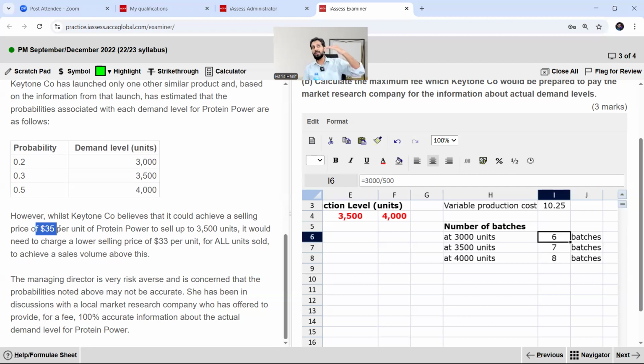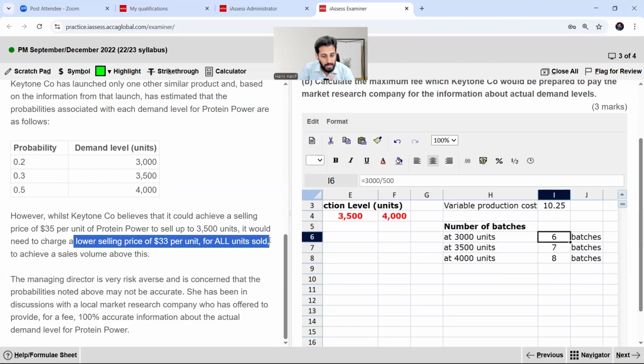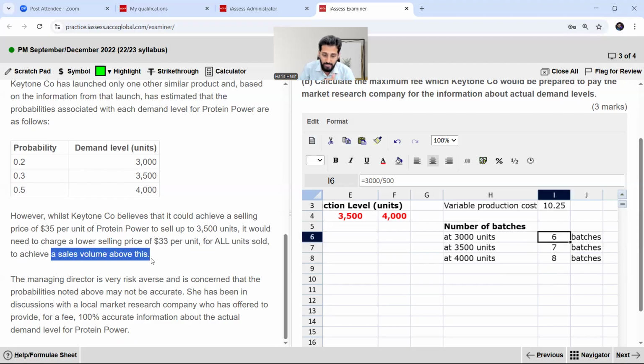So when you are selling up to a maximum of 3500 units, your selling price would be $35, right? What's next? It would need to charge a lower selling price of 33 per unit for all units sold to achieve a sale volume above this.